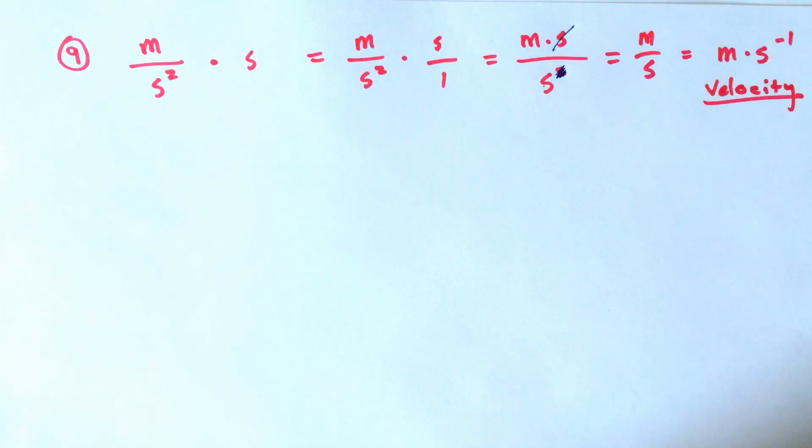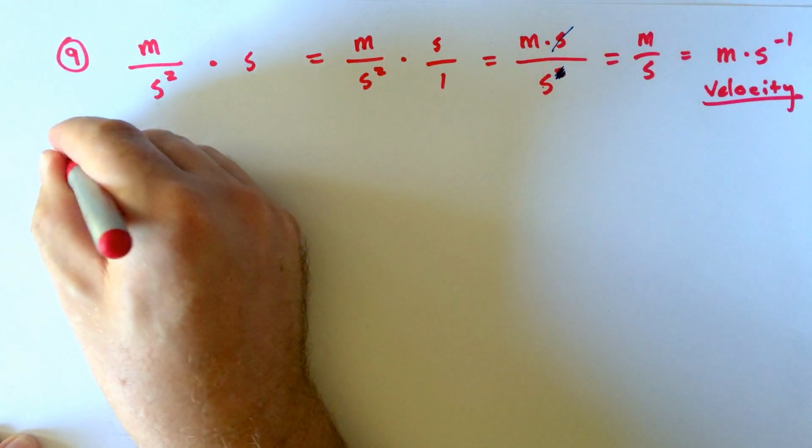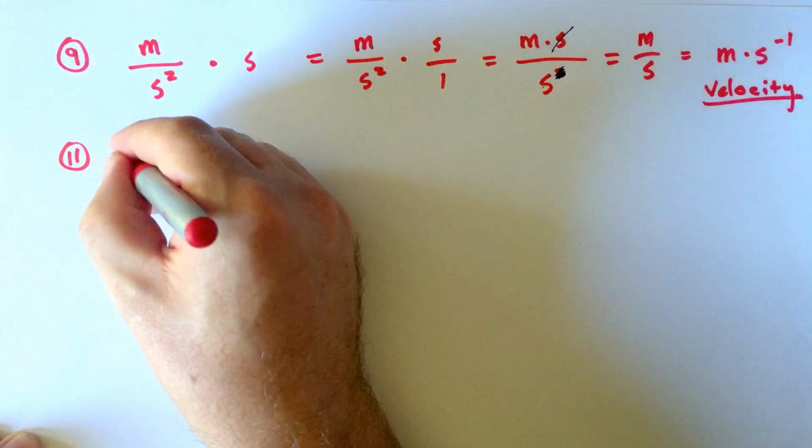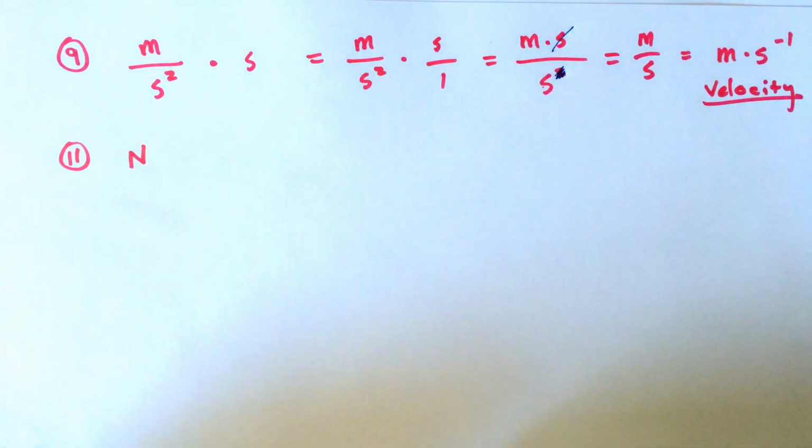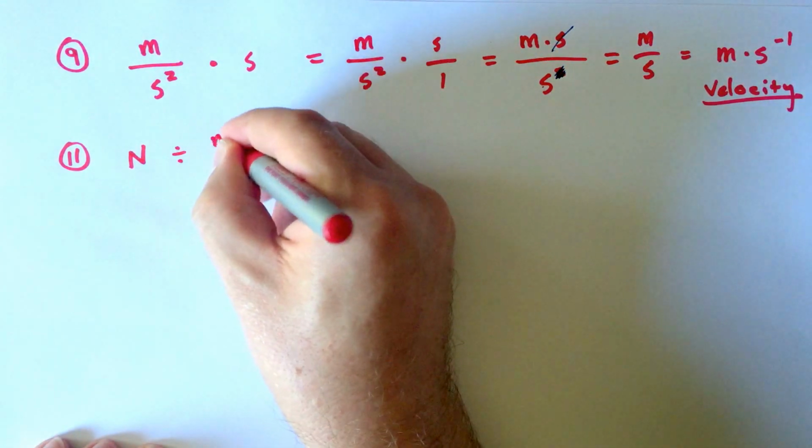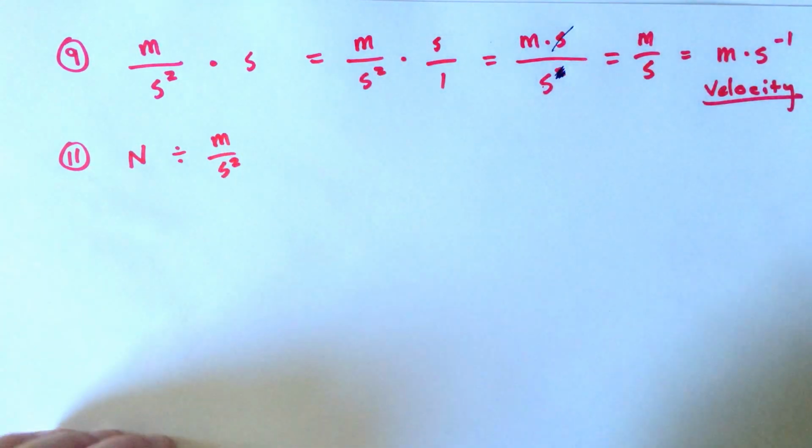Moving on. Number 11. These problems get a little bit more challenging, or if not more challenging, at least more complicated. In number 11, they ask you to take units of N, which is newtons, divided by units of meters over seconds squared.